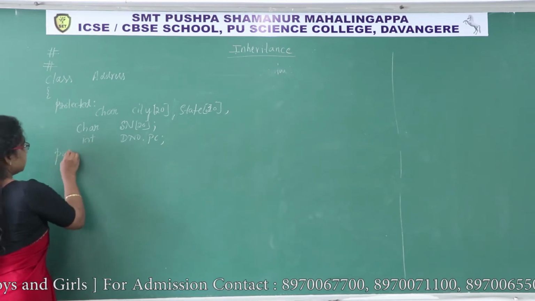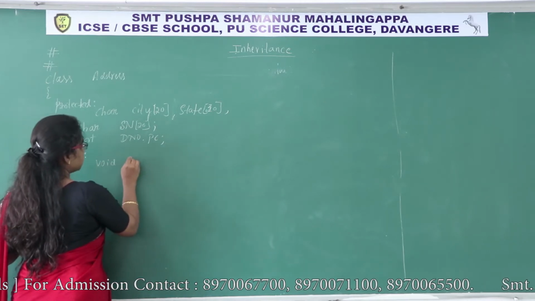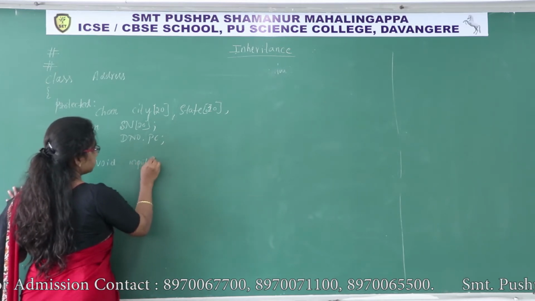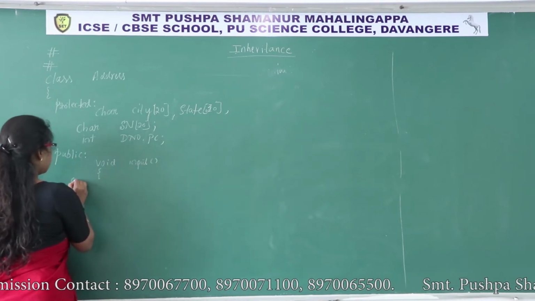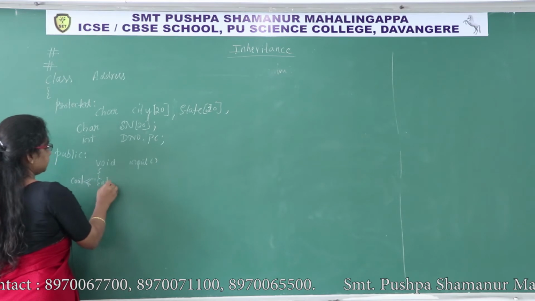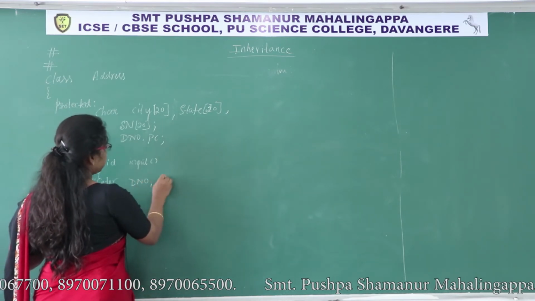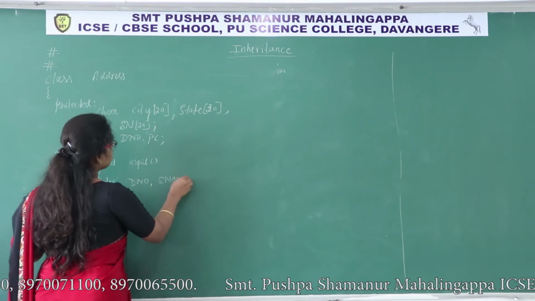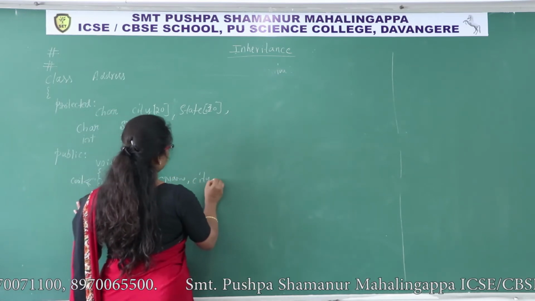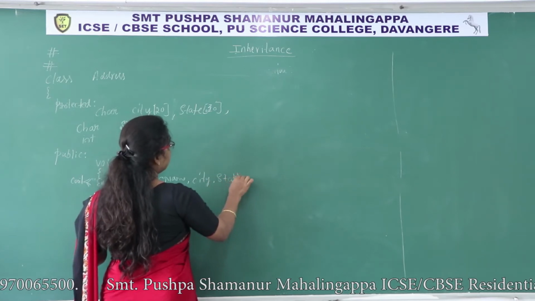In the public section, void input, cout enter. First I'll take enter door number, street name, city, state and pin code.